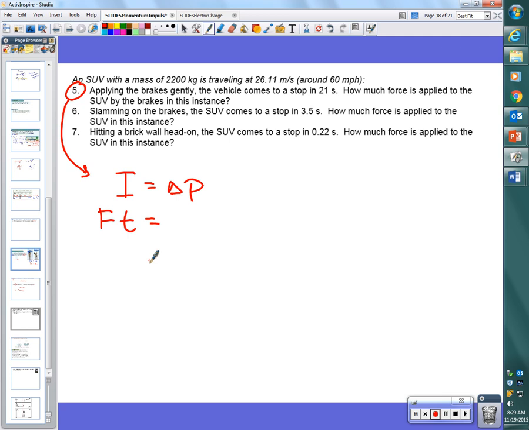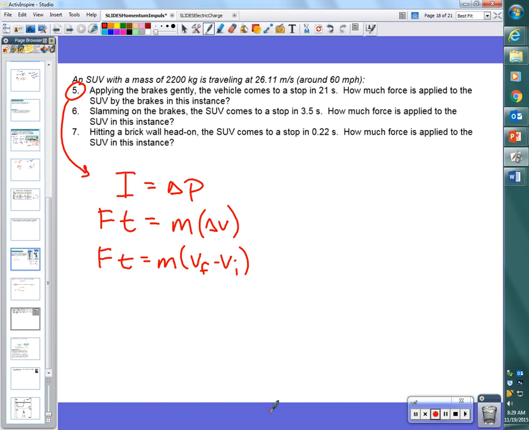Which one of those factors is changing in this problem? The velocity. The mass of the object doesn't change, so we can make the right-hand side of the equation look like this. Then, if we wanted to, we could expand it out a little bit more, because that's always what delta is, right?